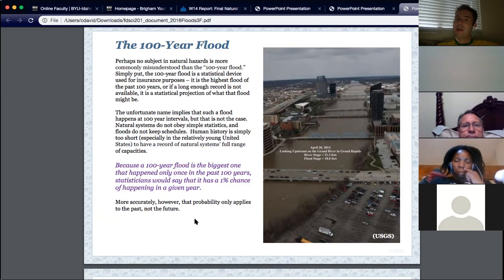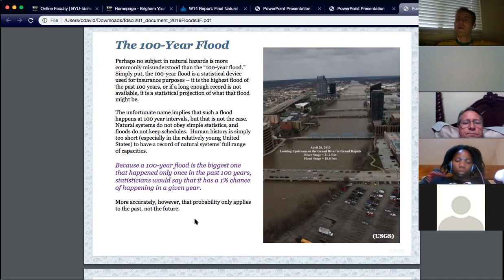That's not guaranteeing it. It's just saying your chances are 1 in 100 that you'll have a huge flood come through here. But it's solely based off of past measurements.